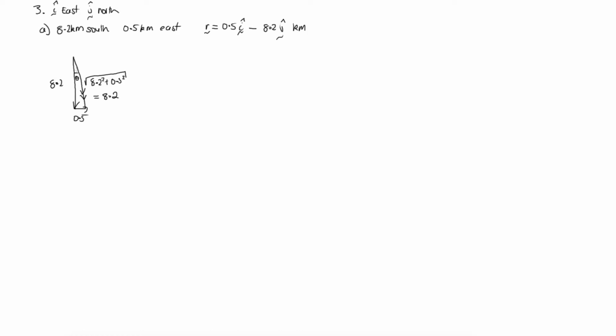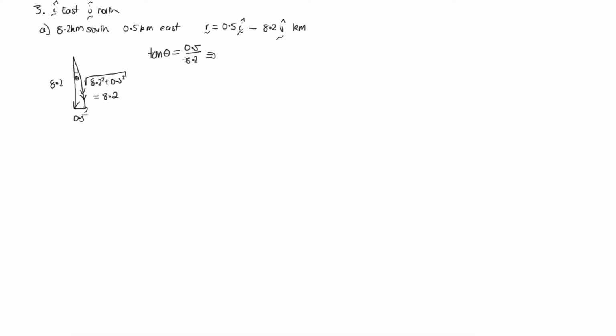So now we need to find this angle. To find this angle, we know the opposite and we know the adjacent. So using trigonometry, it's best to use tan theta. Tan theta is equal to the opposite over the adjacent, so tan theta is equal to 0.5 over 8.2.